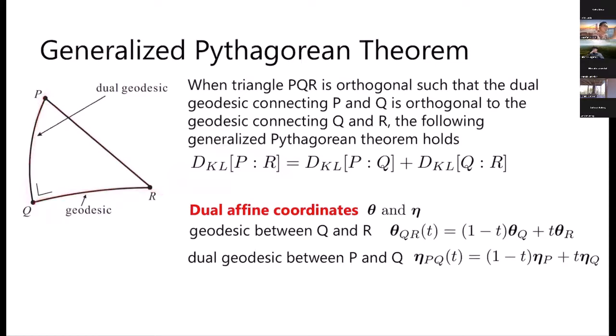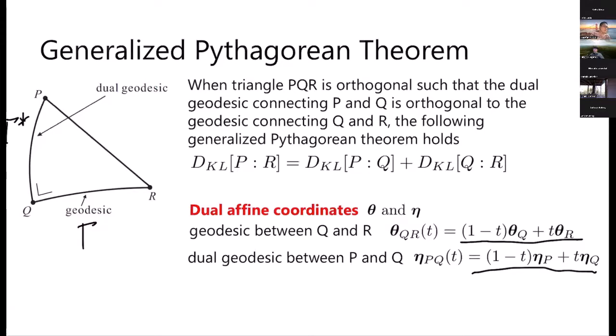By the way, the dual geodesic is determined by the dual affine connection, and this is the other affine connection. And as I said, a geodesic is simply expressed by a linear line in this way, but with respect to a different coordinate.